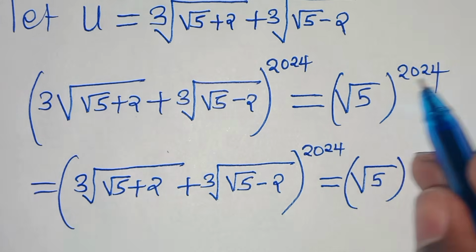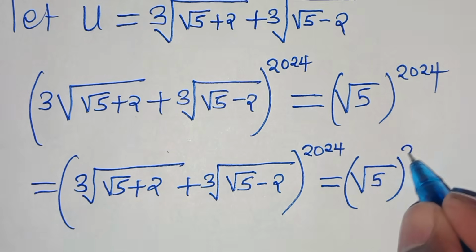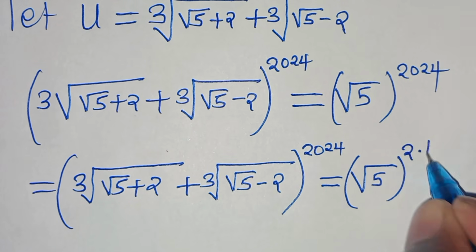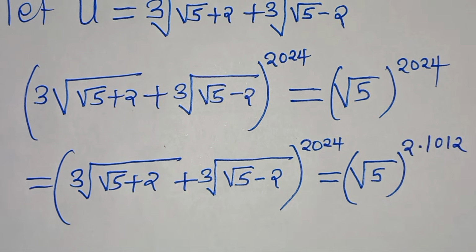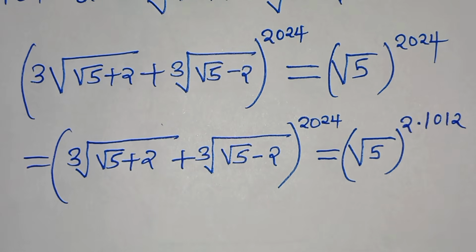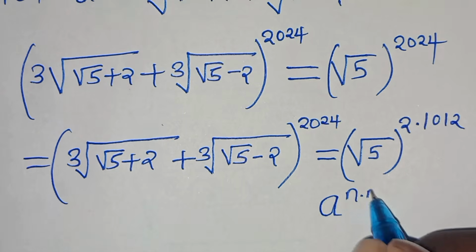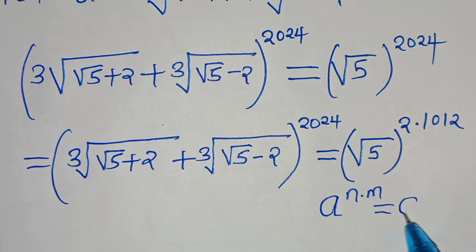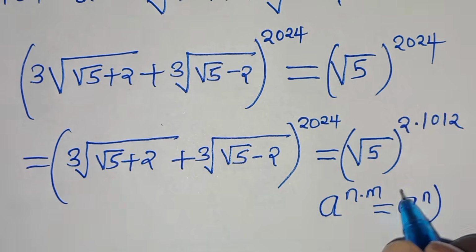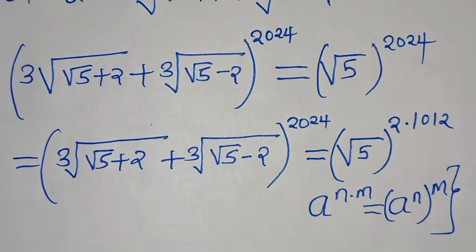We can express 24 as 2 multiplied by 12. And remember, this is in the form of a to the power of n times m, which we can express as a to the power of n raised to the power of m.